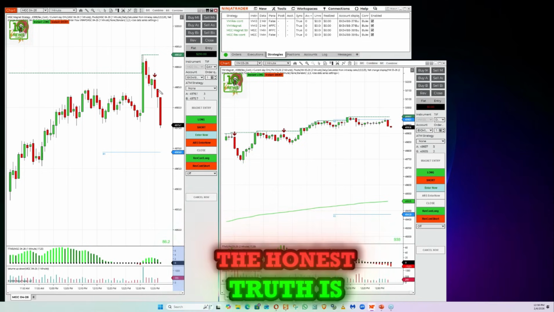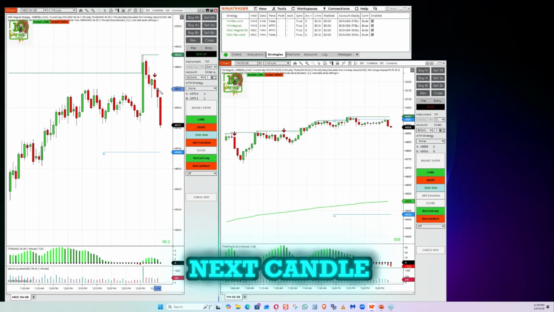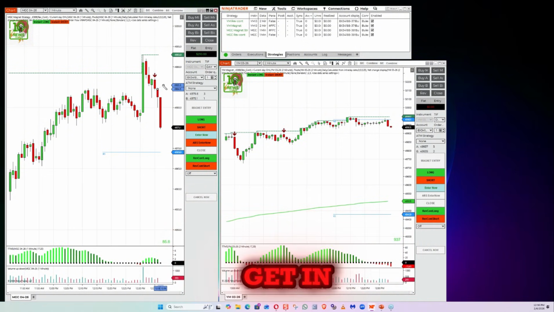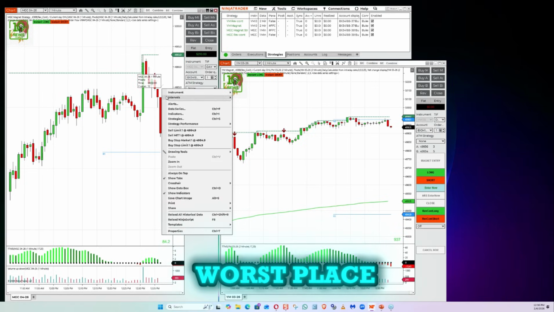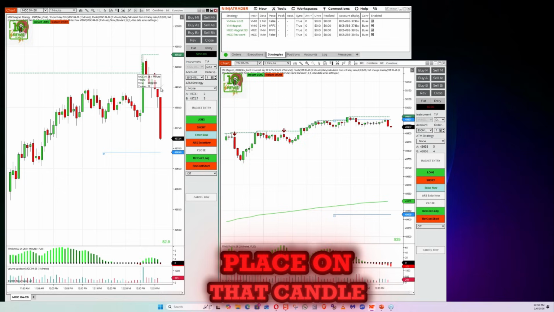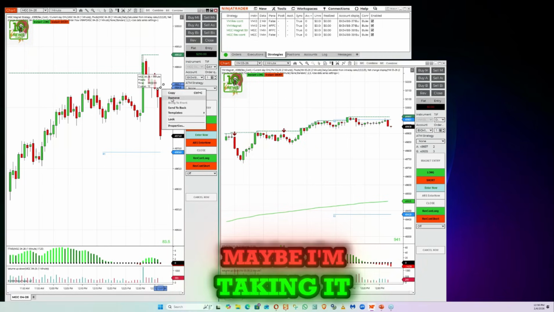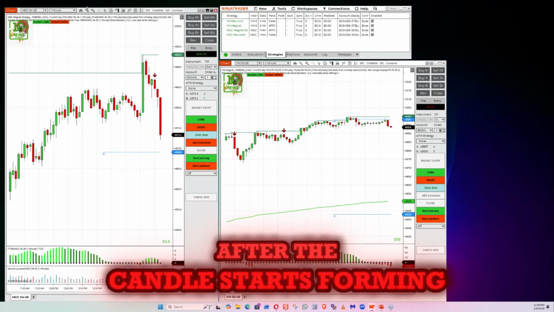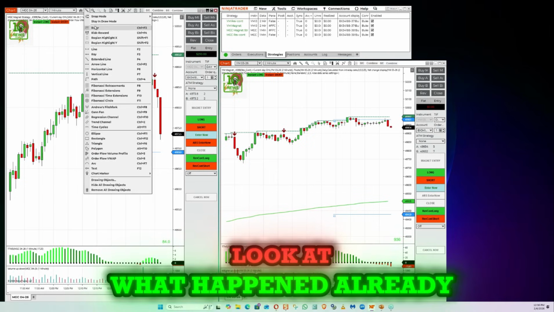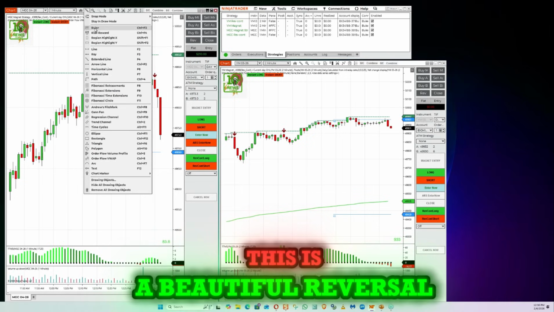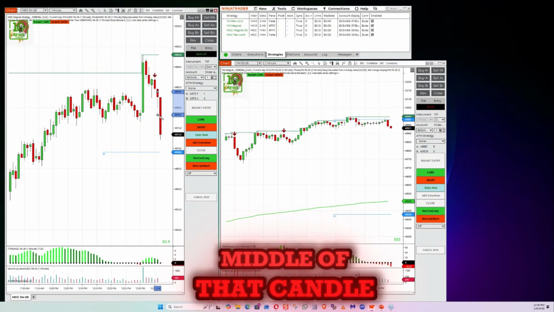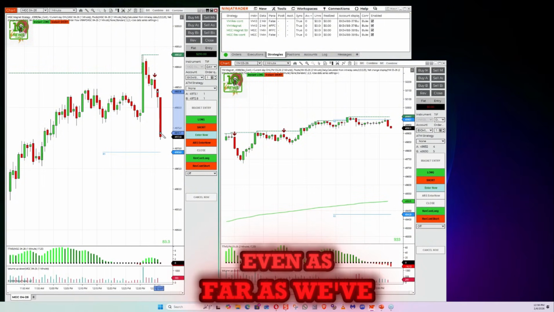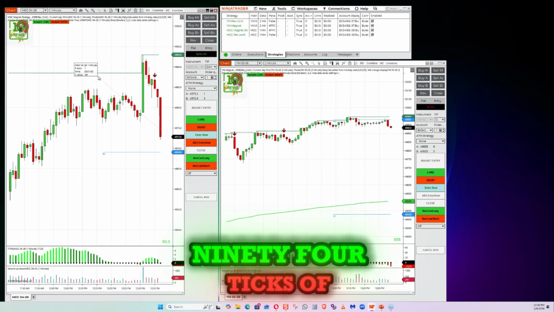The honest truth is I'm taking it on the next candle. There's plenty of time to get in, but let's assume I'm taking it at the worst place, not at the best place on that candle. Maybe I'm taking it after the candle starts forming. Look at what happened already. This is a beautiful reversal. I'll go to the middle of that candle, and I'll go not even as far as we've already gone.